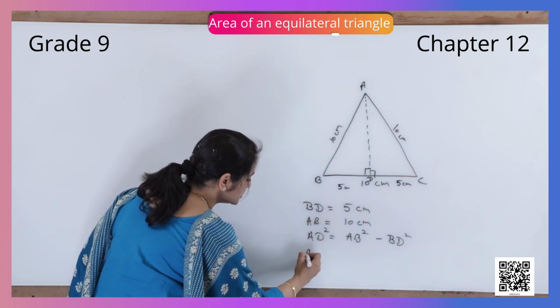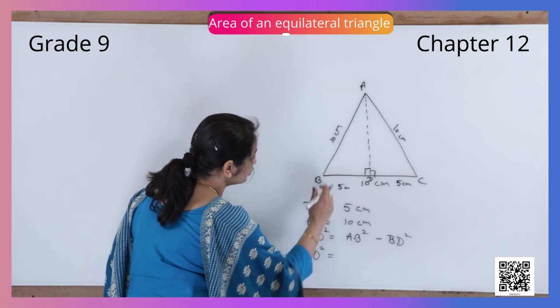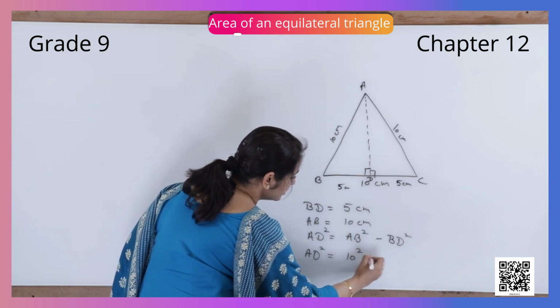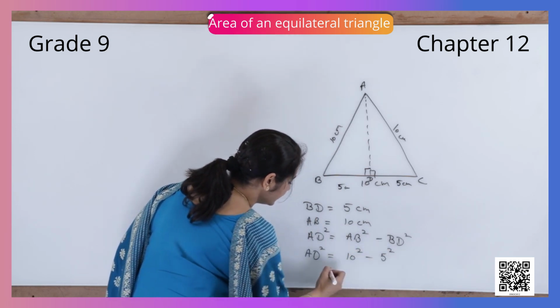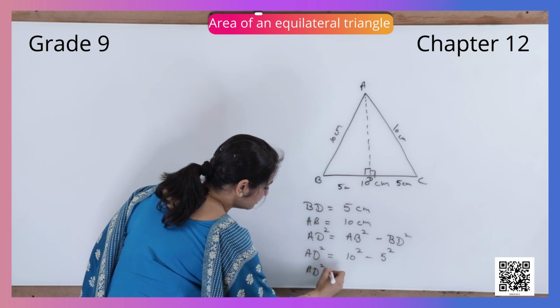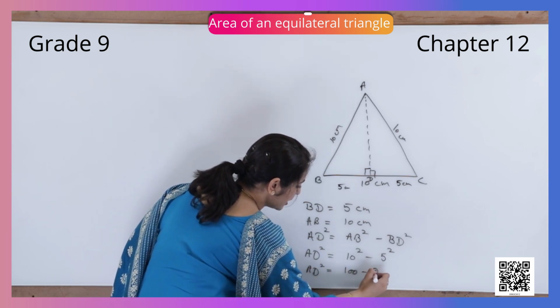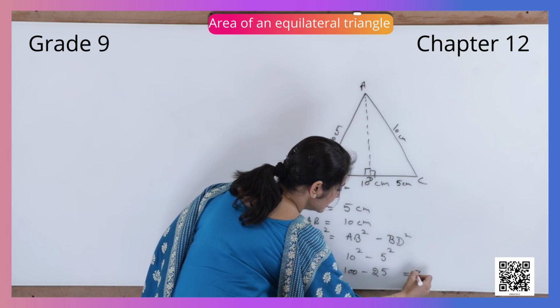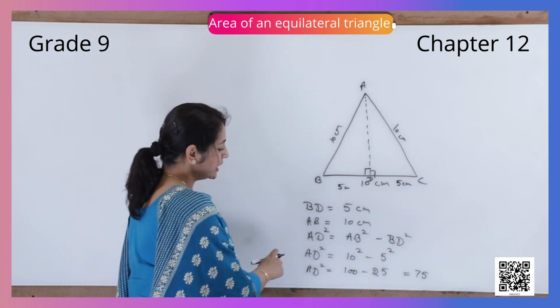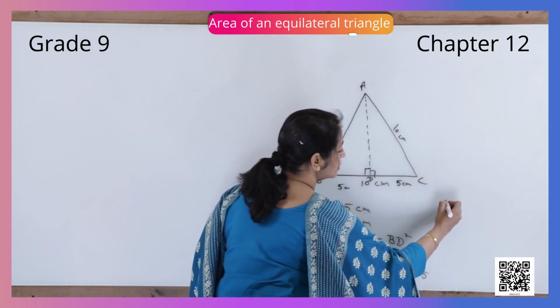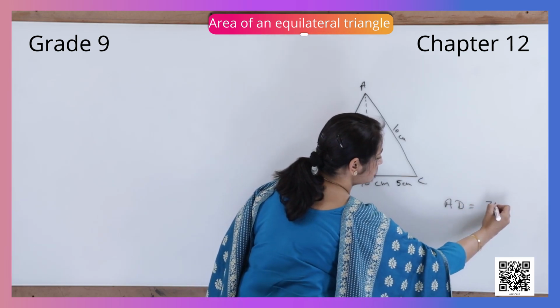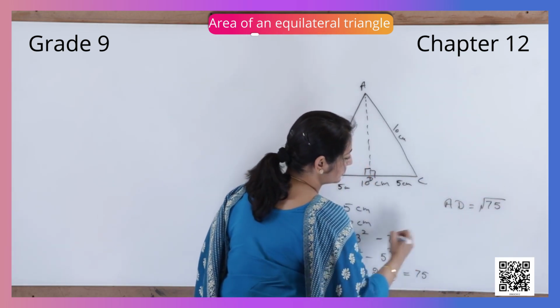Now putting the values, AD square will be equal to 10 square minus 5 square. So AD square will be equal to 100 minus 25, which is 75. AD square is 75, so AD will be the square root of 75.